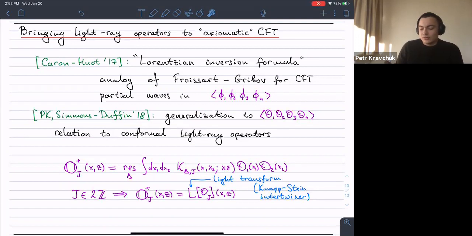And if you look carefully at this formula, you find that you can actually interpret these expressions that Kravchuk derived and derive new formulas which actually give a definition for light-ray operators in non-perturbative conformal field theory. And the definition takes the following form, as written here, where we take some kinematically determined kernel, depending on x1 and x2, and the arguments of the light-ray operator, which are a space-time position and a null vector.